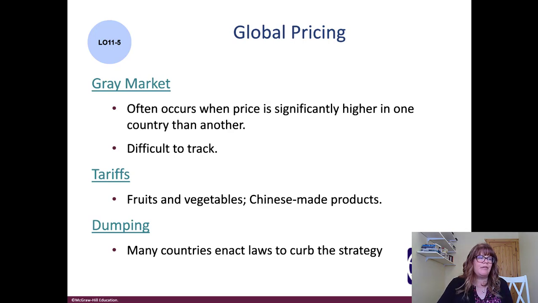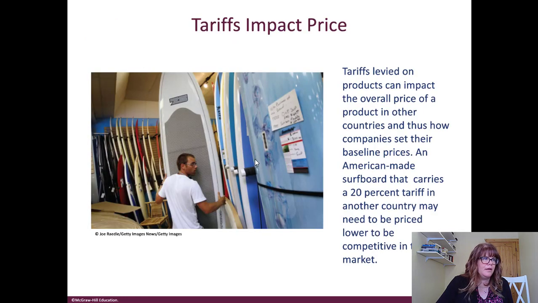The gray market involves the sale of branded products through legal but unauthorized distribution channels. Many nations place tariffs on a variety of products. Tariffs are taxes on imports and exports between countries. And then dumping occurs when a company sells its exports to another country at a lower price than it sells the same product in its domestic market.